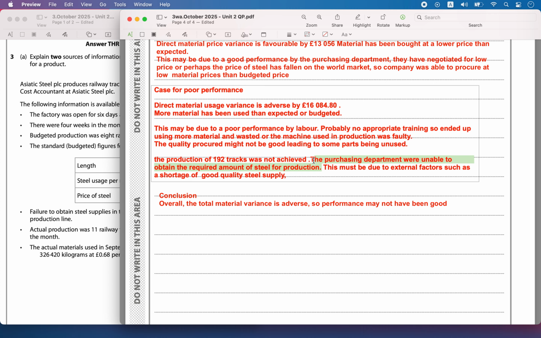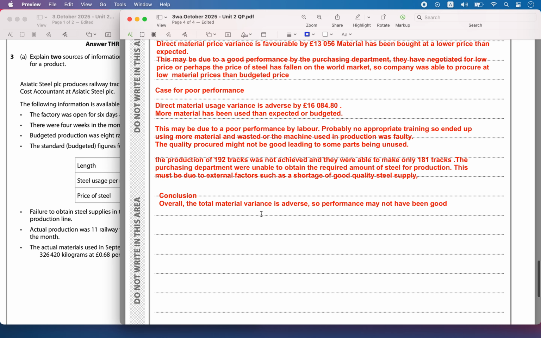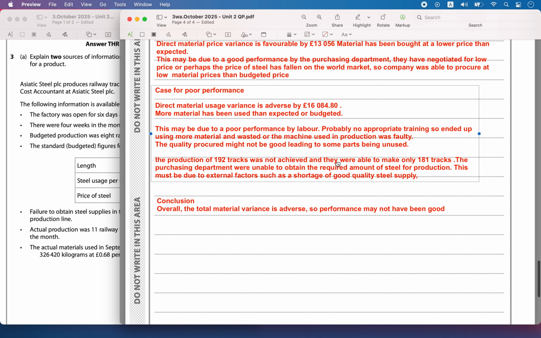This might be because they were not able to procure the amount of steel required, or due to external factors such as a shortage of steel itself, or the labor was absent. You can suggest something. They were able to make only 181 tracks. There were 11 short of the tracks.